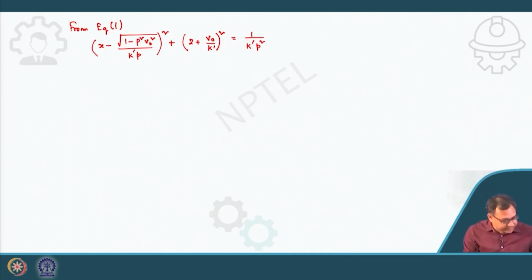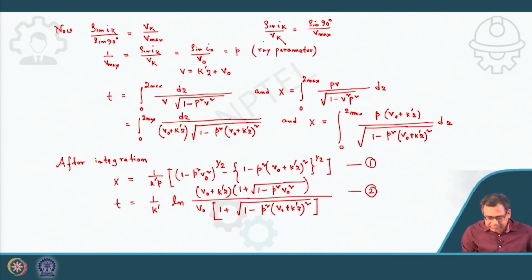How am I getting that? Here basically I am taking this k dash p inside.